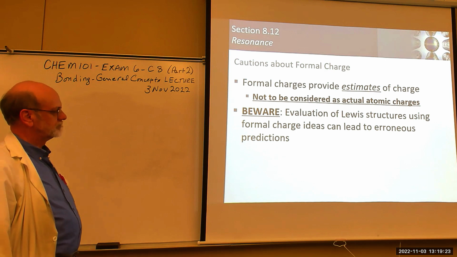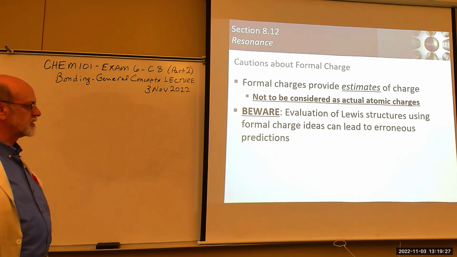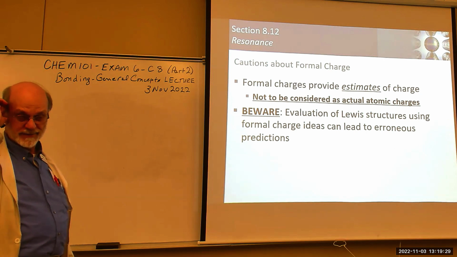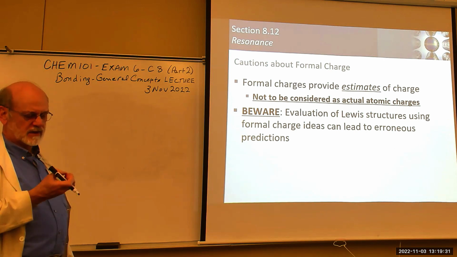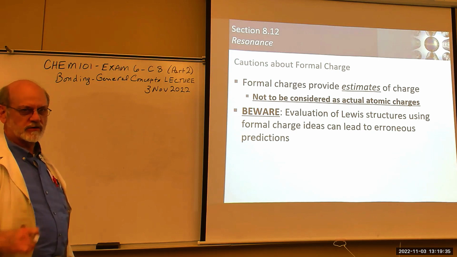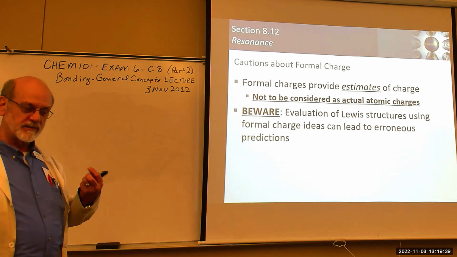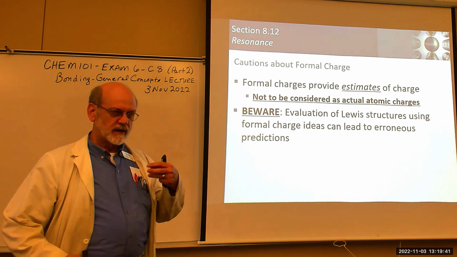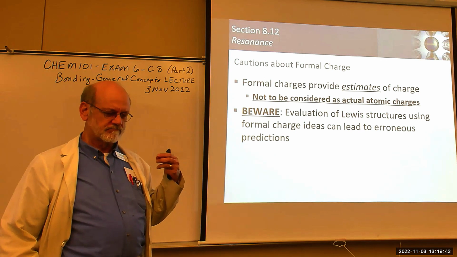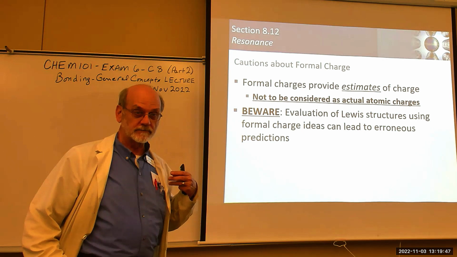Just a word of caution. Formal charges are estimates of charge. They're not considered actual atomic charges because these are covalent compounds, so there's no real charge. Now, what it may do is inform the polarity of the molecule.